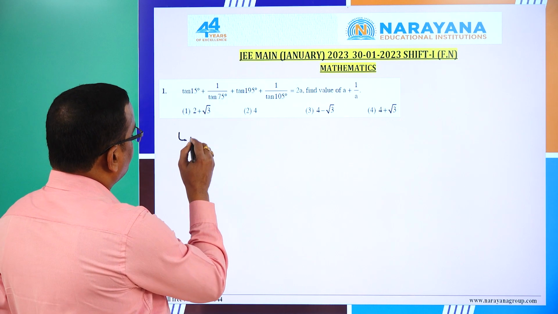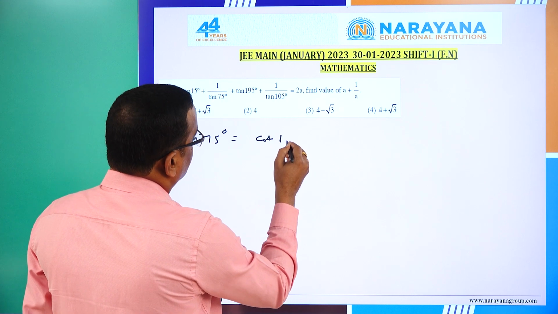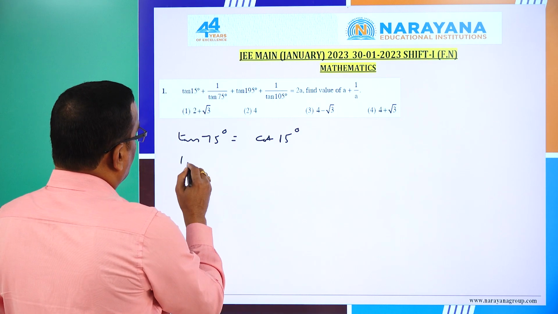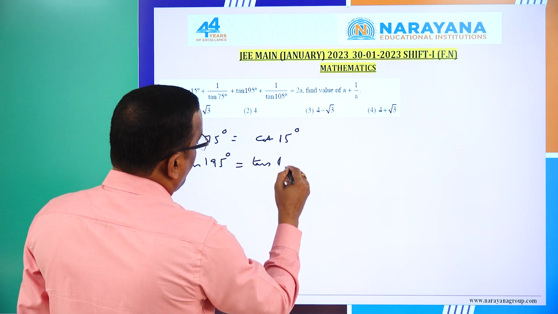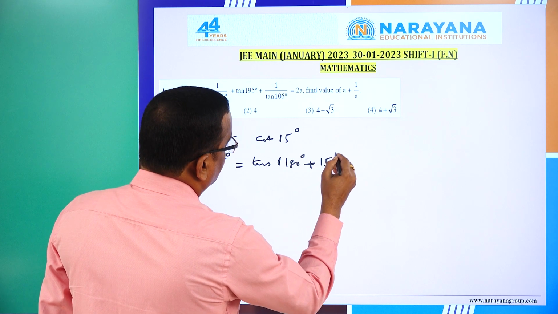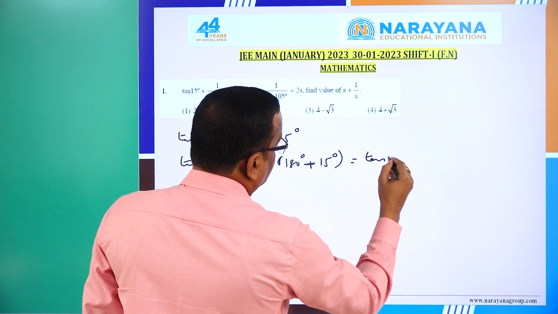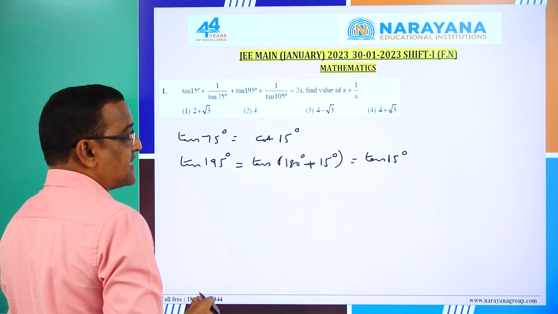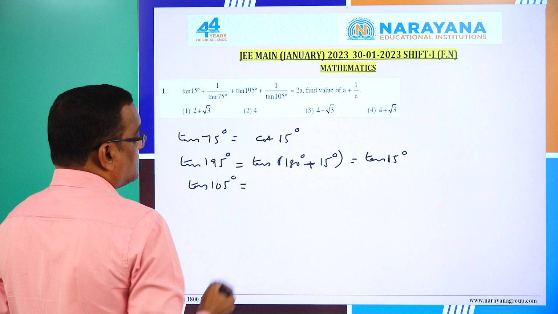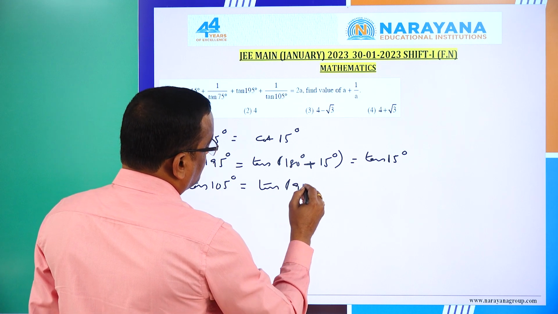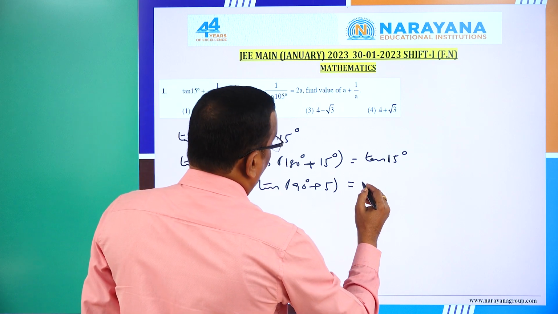Tan 75 is nothing but cot 15, and tan 195 is tan of 180 plus 15, this is tan 15 because it is third quadrant, tan positive. Tan 105 is tan of 90 plus 15, this is minus cot 15.